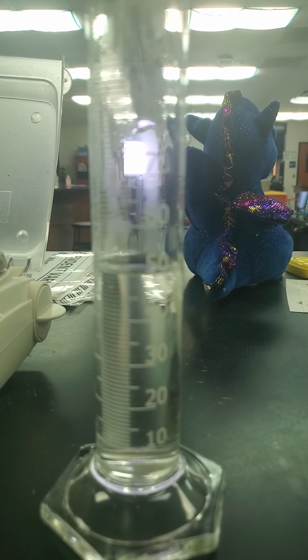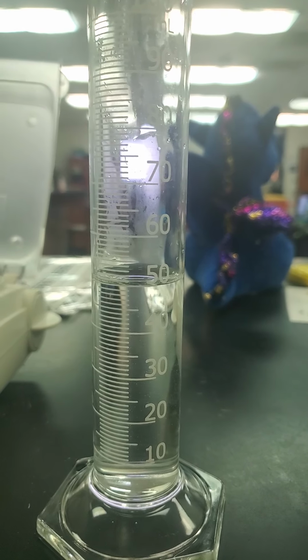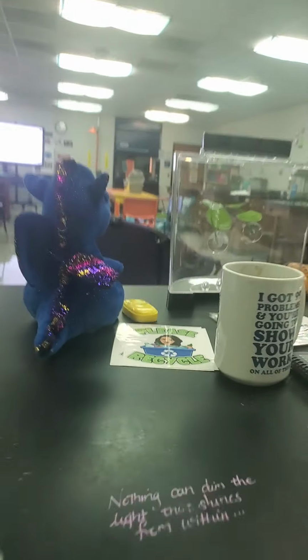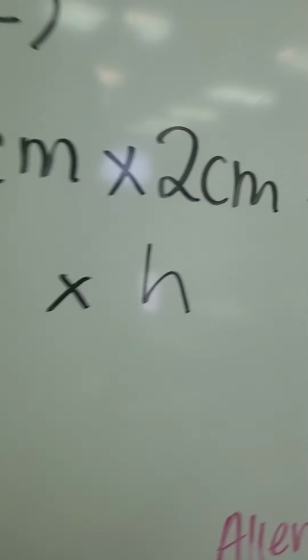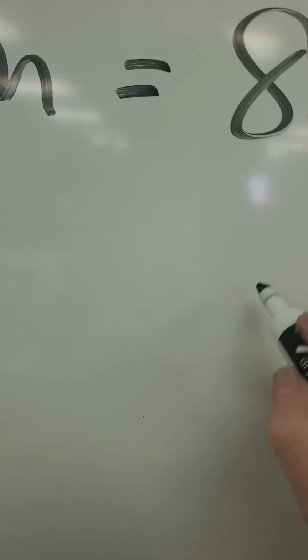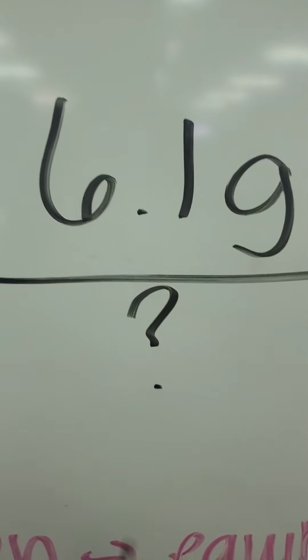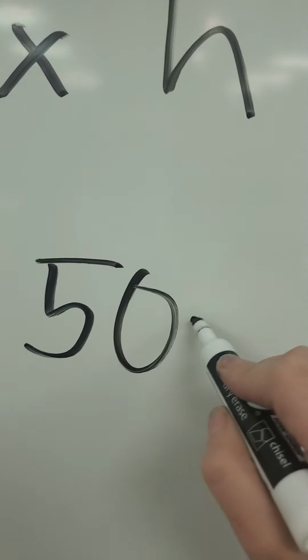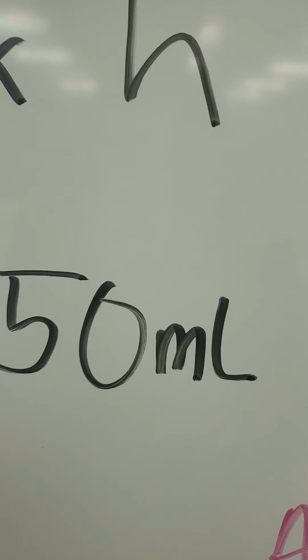Our amount is 50 milliliters, so that's what we're starting with. Let me grab my marker so we can write this down. Our mass, which goes on the top, was 6.1 grams. So far we don't know our volume, but what we do know is that I'm starting out with 50 milliliters of water in my graduated cylinder.